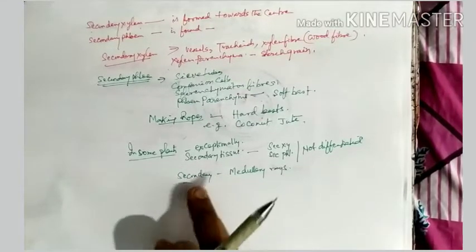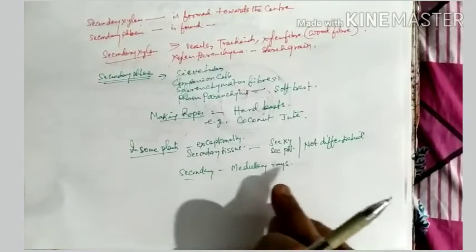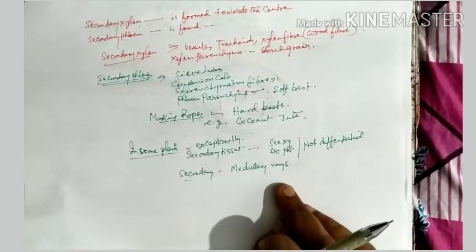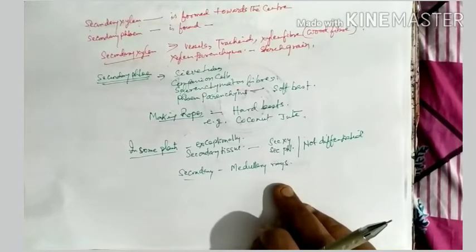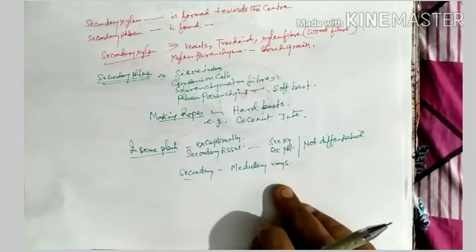The function of these secondary medullary rays, which are formed in some plants, is to transport food, and they also accumulate food materials.